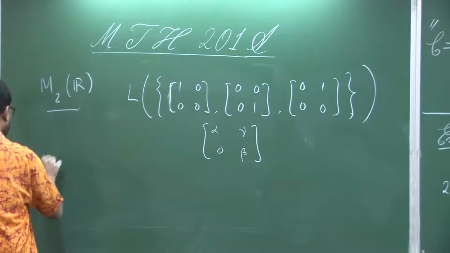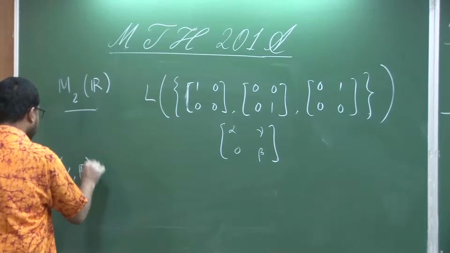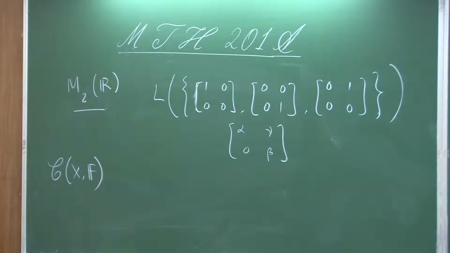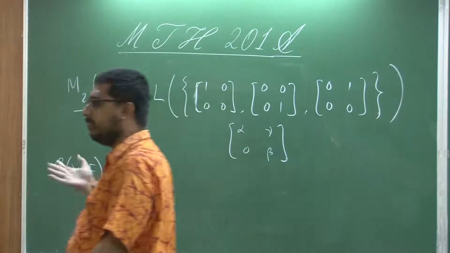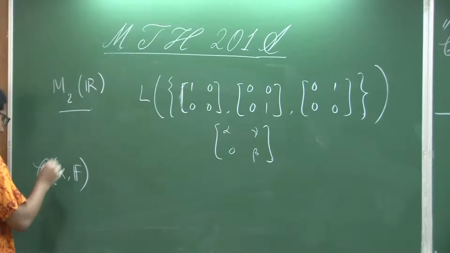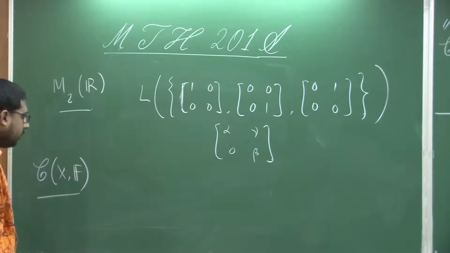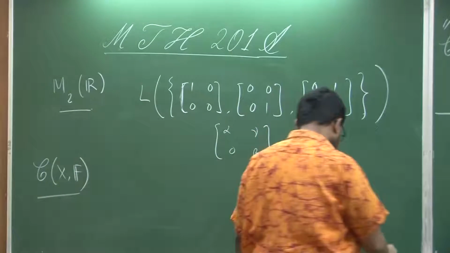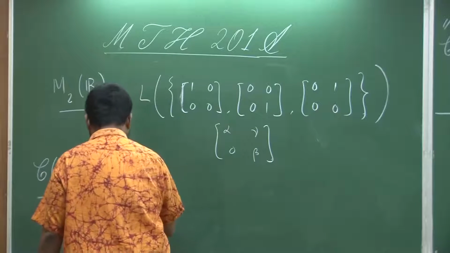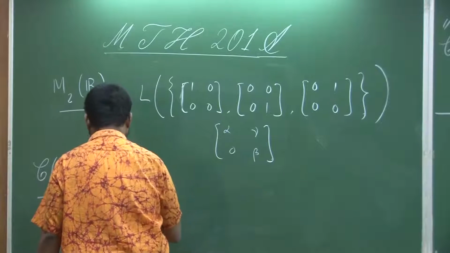Then we look for some other examples quickly. Let us get into the space of functions from X to F, because it is in the list of examples of vector spaces. We put our emphasis on the function space, because it is a rich source of examples of vector spaces and also subspaces. So, let us look at the linear span of the following subset.